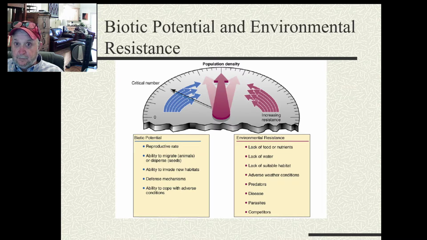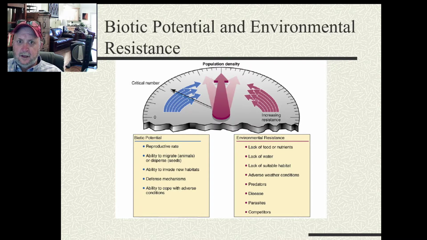So animals have the ability to reproduce rapidly and populate an entire area. Why don't they? Because of lack of food and nutrients, lack of water, lack of suitable habitat, weather, predators, disease, parasites, and competitors. And we call that environmental resistance.